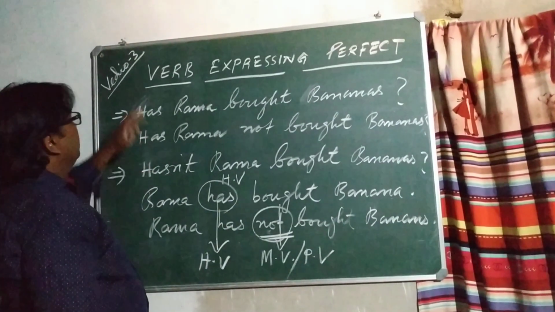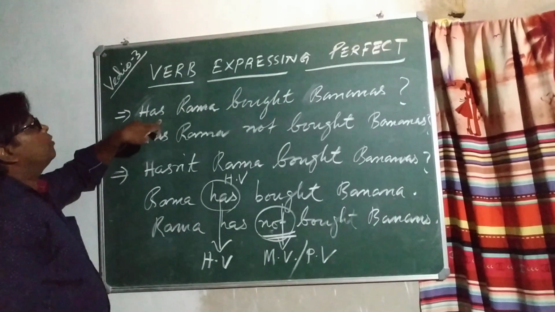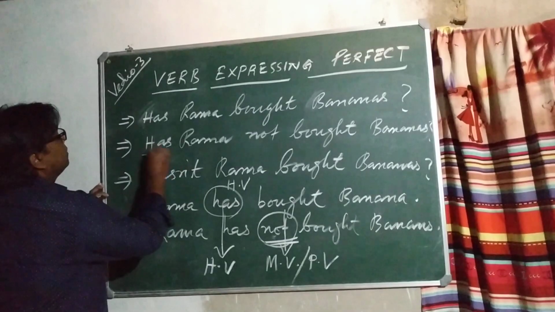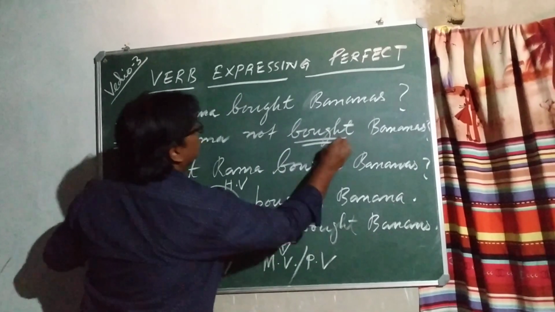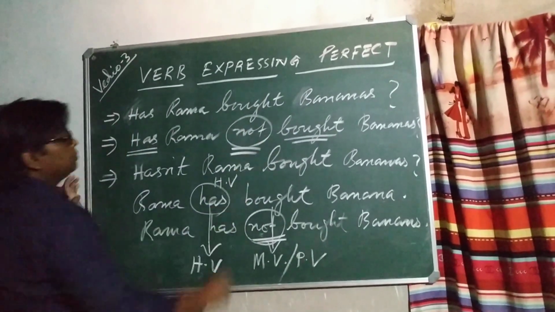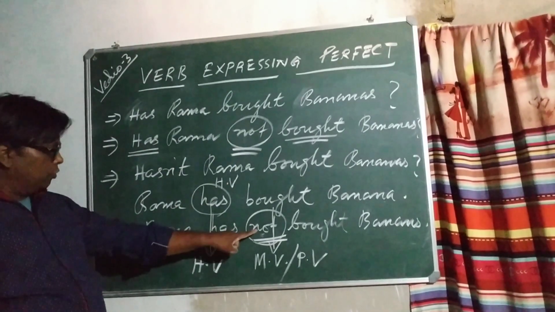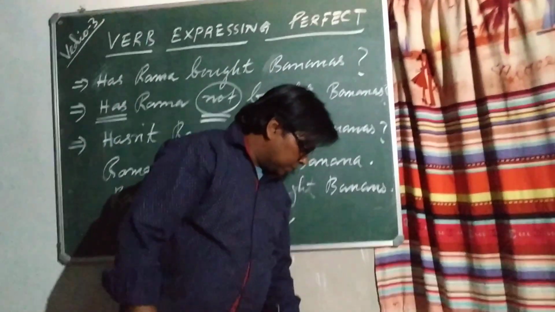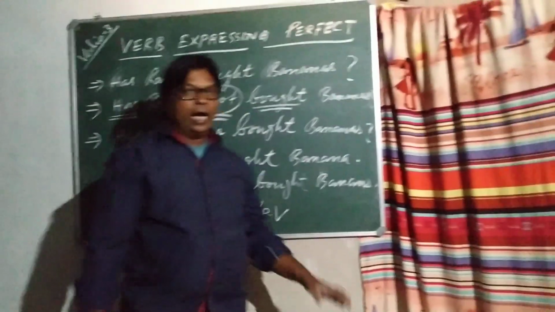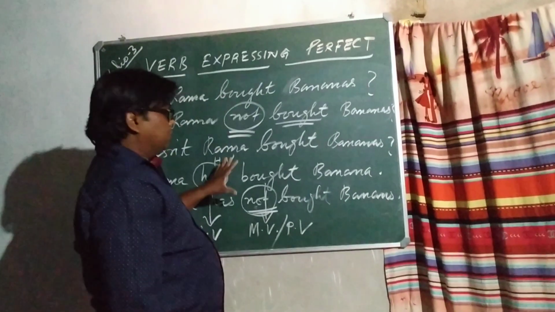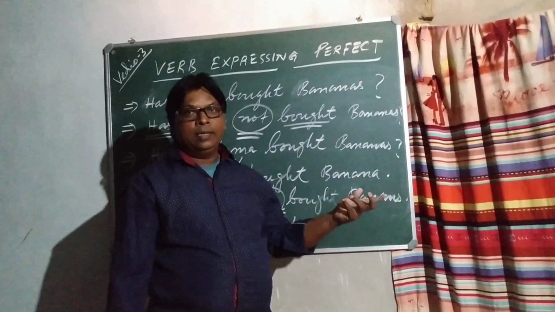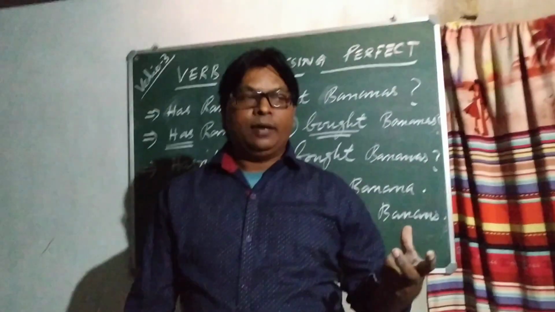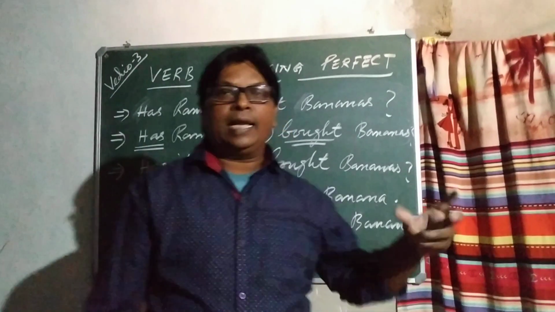The same thing applies to interrogative sentences. You see, after the first helping verb, not is put. The same thing is followed here also. I hope you have understood this. I have used has and have. Have is used with plural subjects. When the subject is plural, then have will be used.